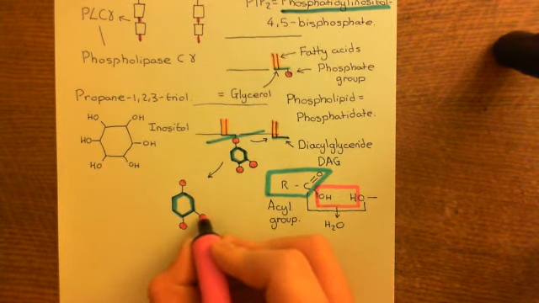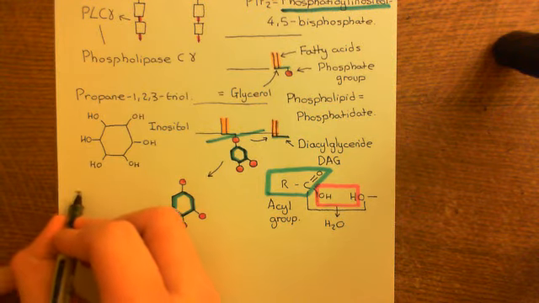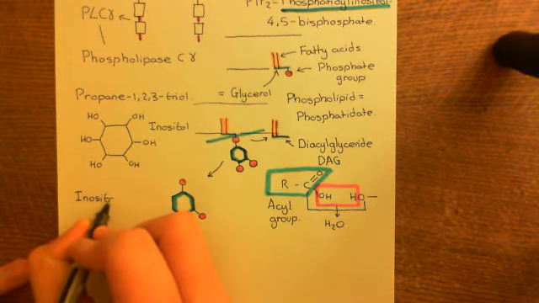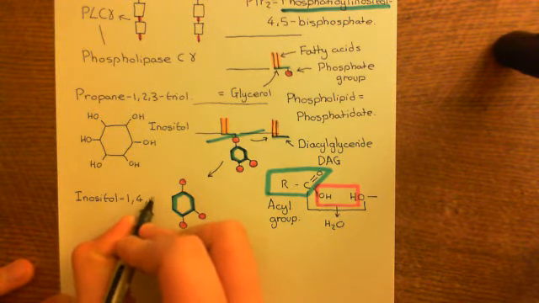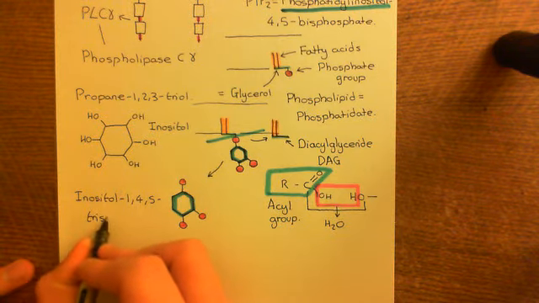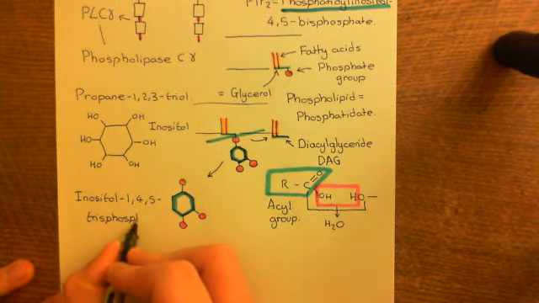Okay, now this molecule is what's known as inositol 1,4,5 trisphosphate, okay? So we're just labelling up which carbons the phosphate groups come off, and then we're just labelling it trisphosphate because we've got 3 phosphate groups now coming off the inositol ring.